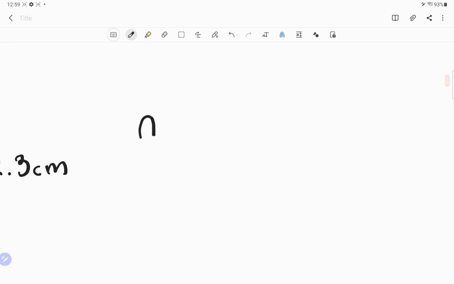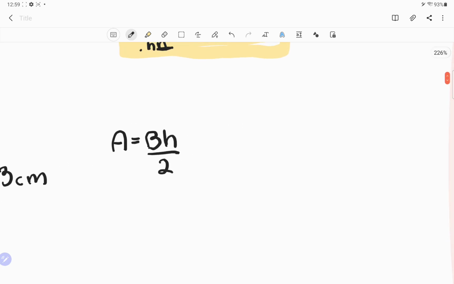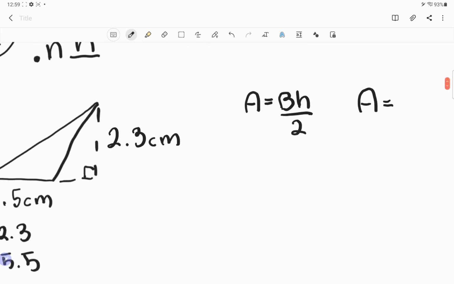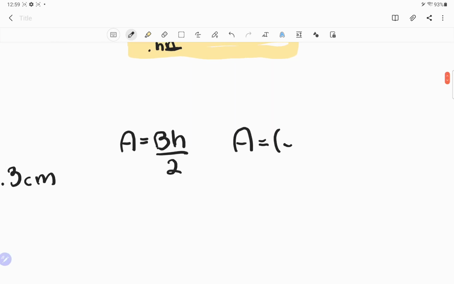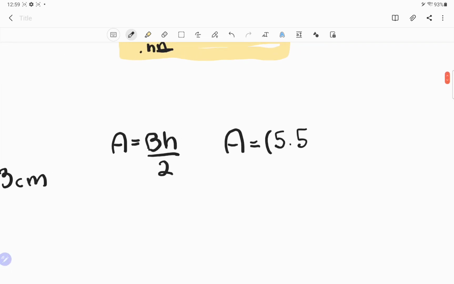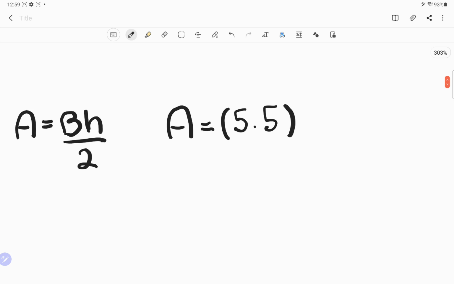First things first, I have to write the formula for a triangle. This is the area formula for a triangle: base times height divided by 2. Now I'm going to plug everything in, right? A is equal to my base, which is 5.5, times my height, which is 2.3.